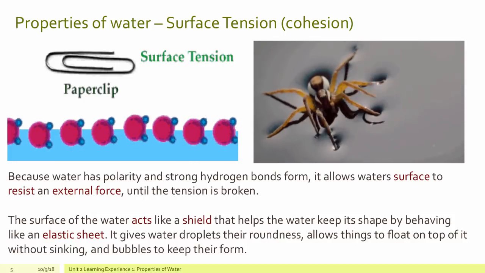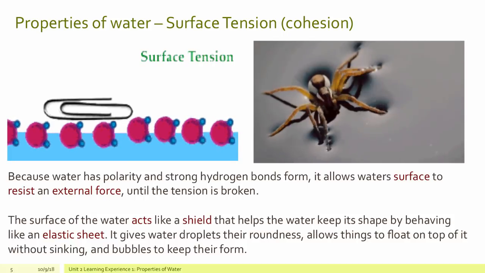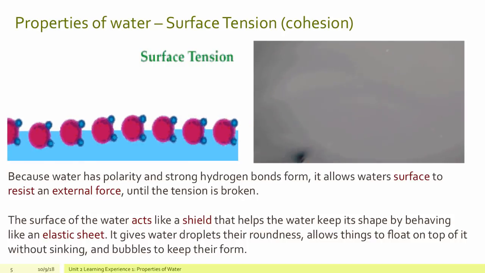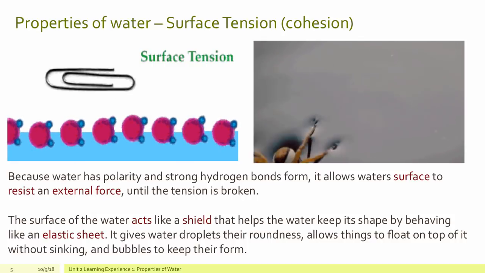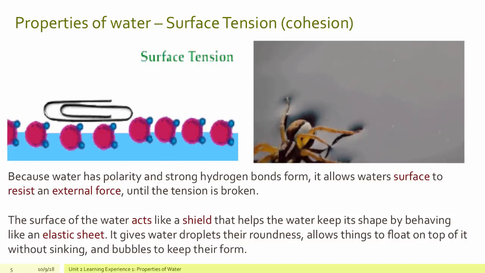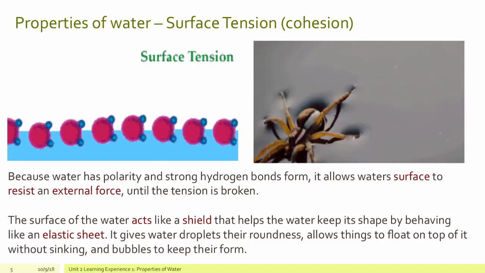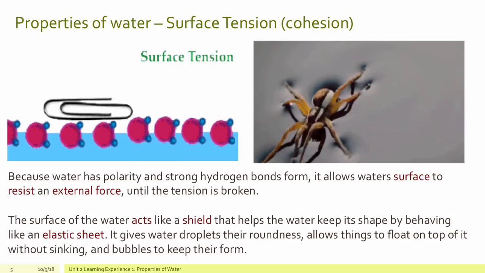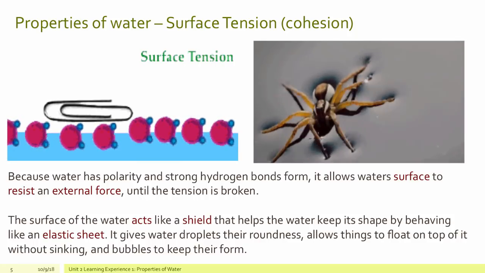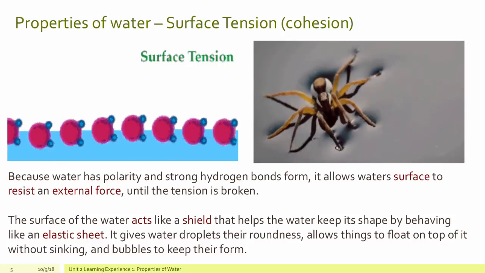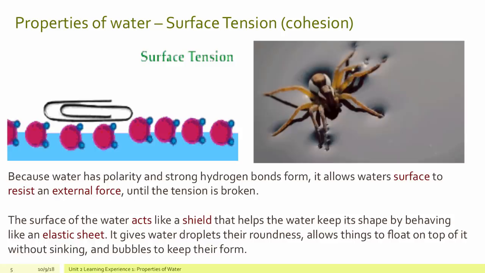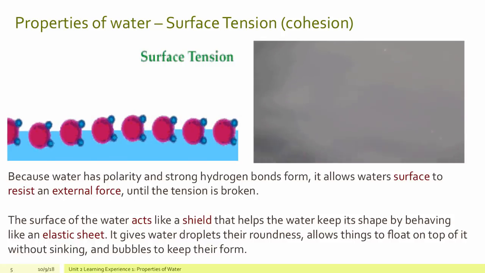The second example we have is a paper clip being gently left on top of the surface of the water, and you'll notice there are water molecules aligned so that the negative and positive sides of the molecules are attracted to each other. When they're attracted, they form those bonds, allowing the paperclip to float on the surface. So think of surface tension for water acting like a shield, so it helps keep the shape of the water because it behaves like an elastic sheet.